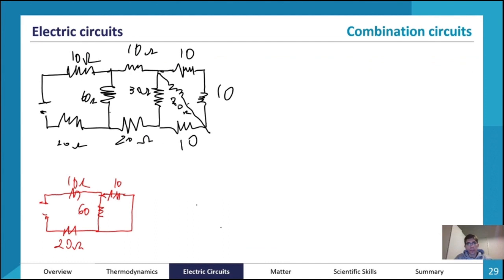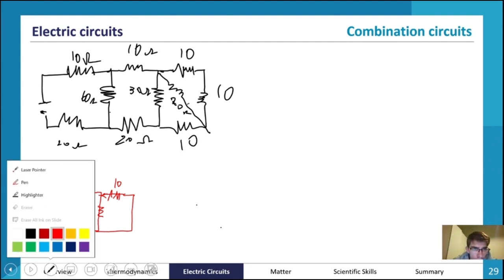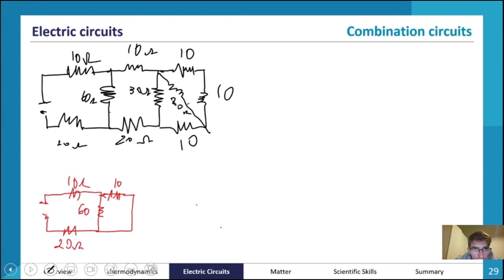Right, so as I was saying, this one is a bit more difficult because here we need to take into account how to redraw the entire thing. So it's 20 ohms here. 20 ohms here.